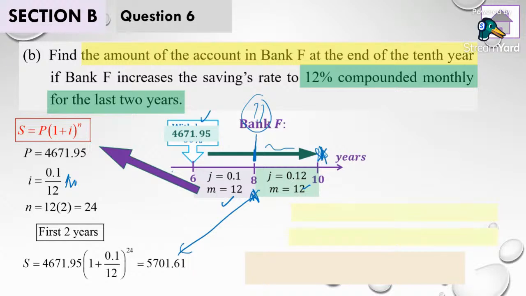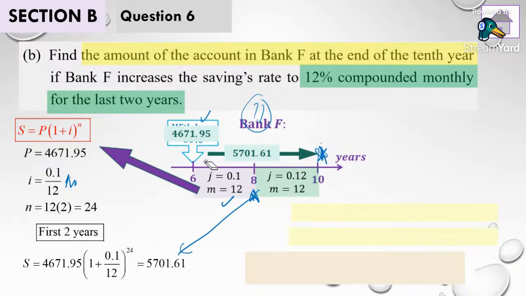Then we would like to proceed with our calculations to know the amount at the end of the 10 years. Based on the previous calculation, we see that the accumulated value at the end of the 8 years is 5701.61. This amount will continue to earn interest in this Bank F account, but now with a new interest rate of 12%.